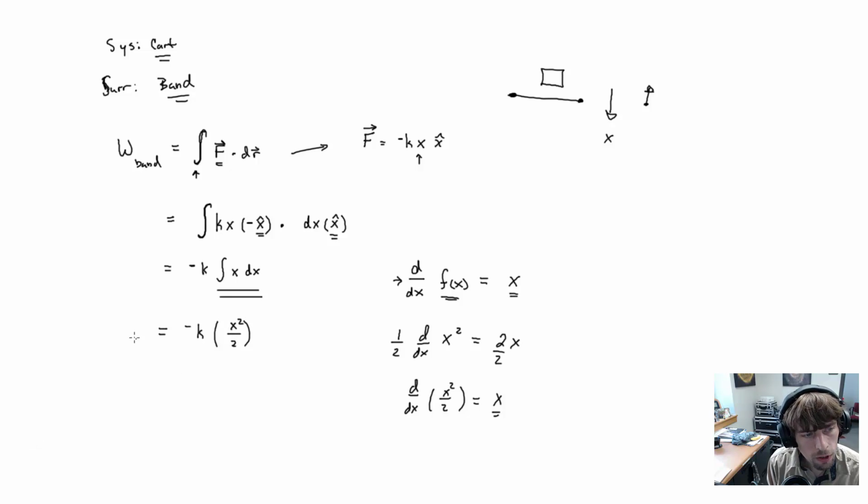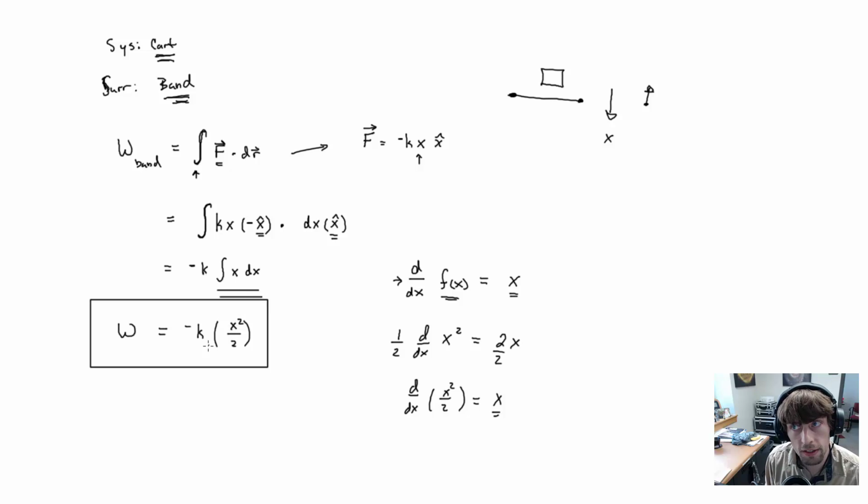So evidently, the work done by the band on the cart is written as this expression. And I'll remind you again, k is how stiff the rubber band is. It's called the spring constant. X will be how far you stretch the spring, or the rubber band in this case. And you notice that this 2 just comes in. Good so far?